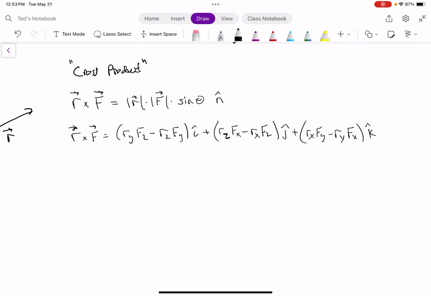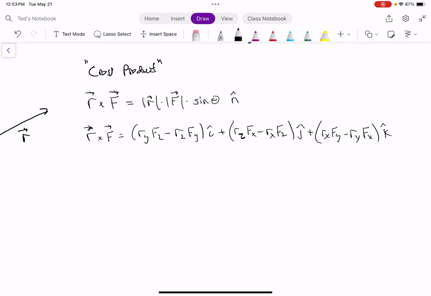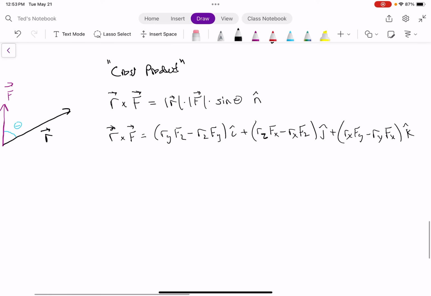And k hat is the z direction. Just like i hat and j hat are the x direction and y direction, k hat is the z direction.